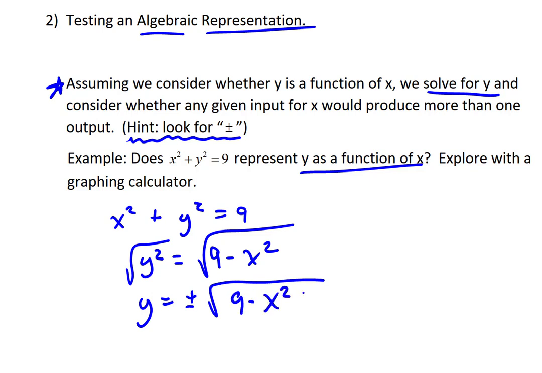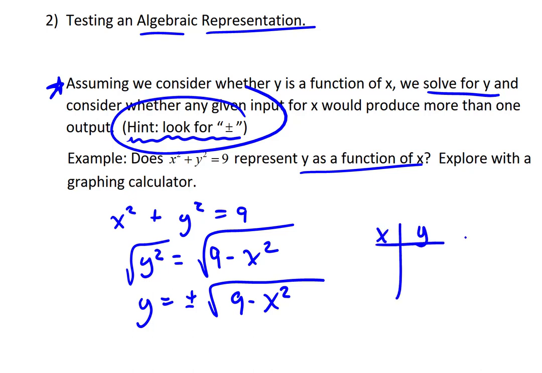It's easy to forget to put the plus or minus when doing this algebraic step. But if you forget it, then you're missing the biggest hint as to whether the equation represents a function or not. The plus or minus is a clue that it doesn't. You can verify this by making an xy table and picking a value for x, such as 2.